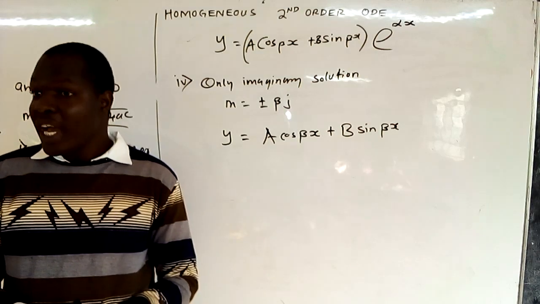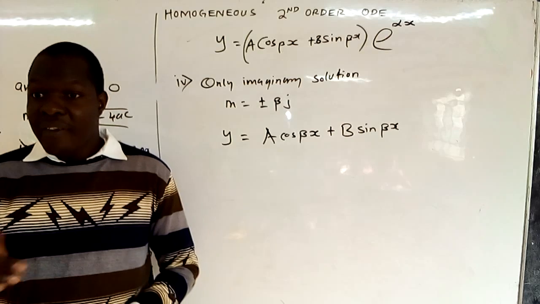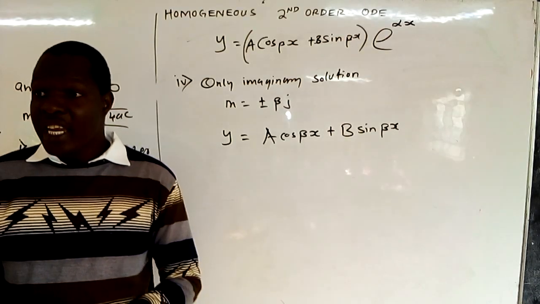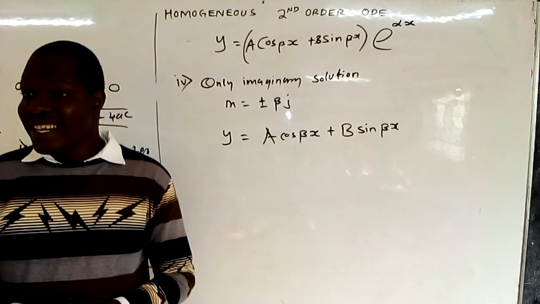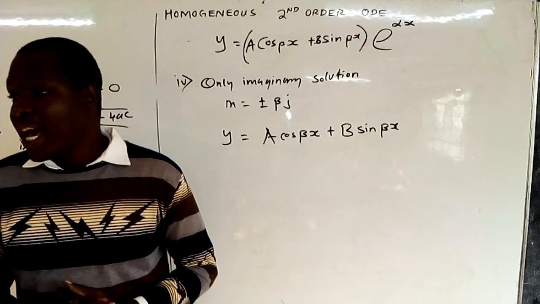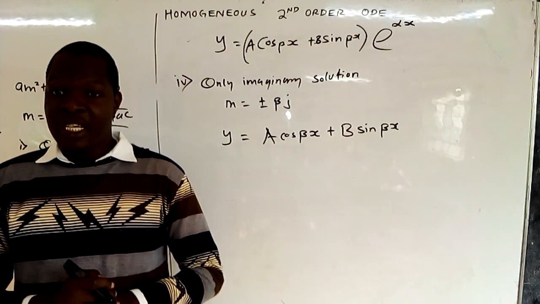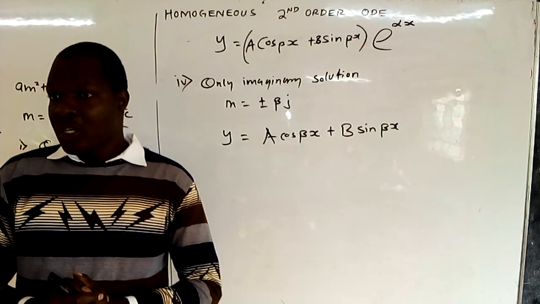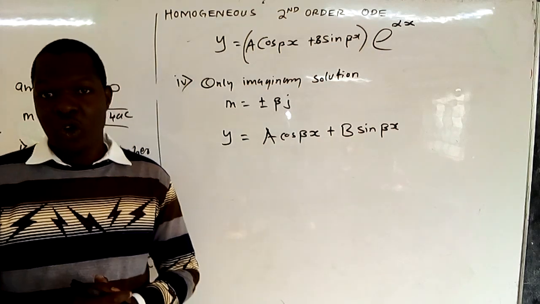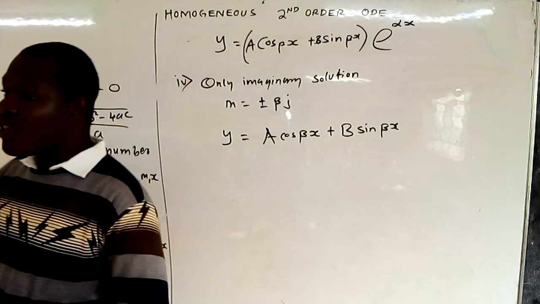When you get a real number and imaginary number, there's a solution you expect. When you get only imaginary number, there's a solution you get. And all these solutions are from the auxiliary equation, which results from the D operator. So that is what we refer to as the method of undetermined coefficients, or the D operator method.